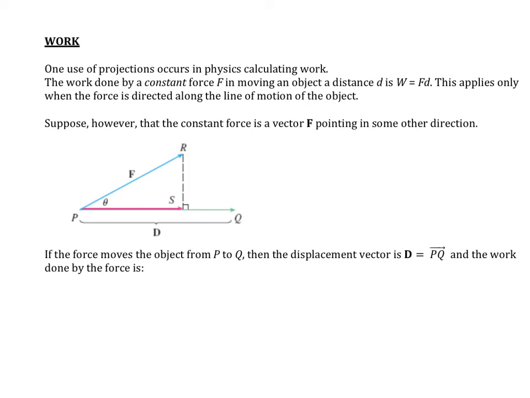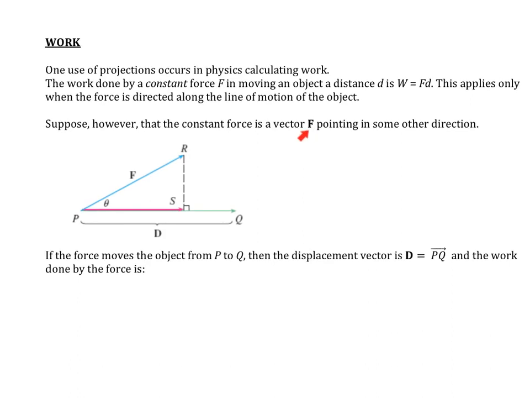But suppose, however, that the constant force is a vector F pointing in some other direction. So we have this vector F that's pointing in a different direction than where the object is being moved.